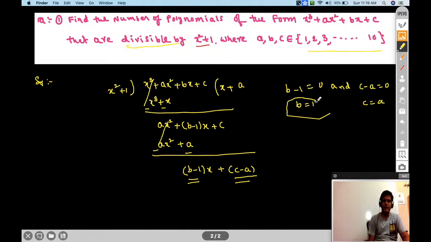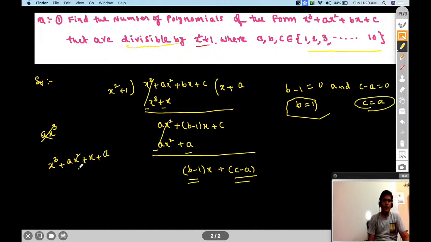Now with these values, b equal to 1 and c equal to a, our polynomial becomes x cube plus ax square plus bx, where b is 1, that is x, plus c, which is nothing but a, because a and c are the same.